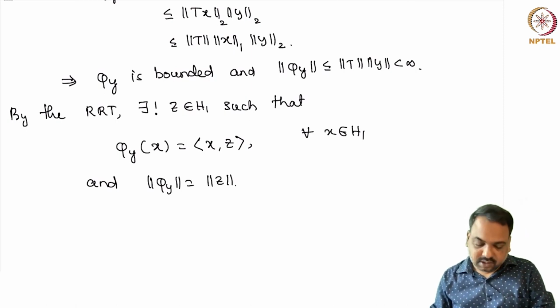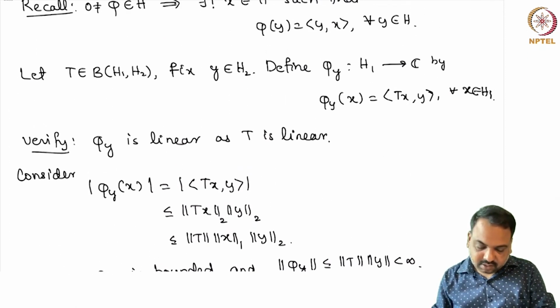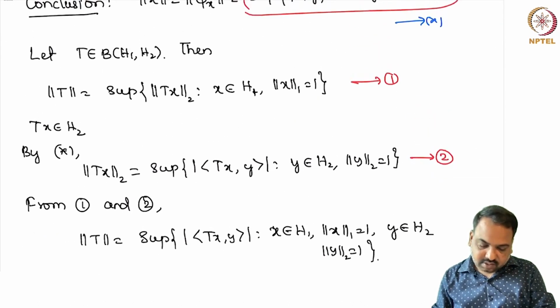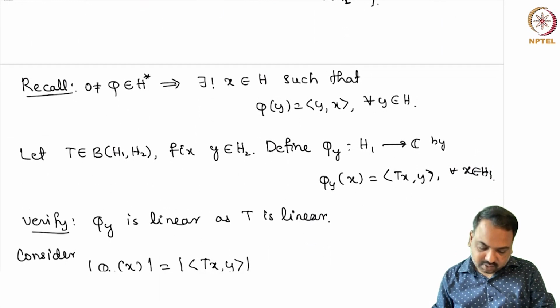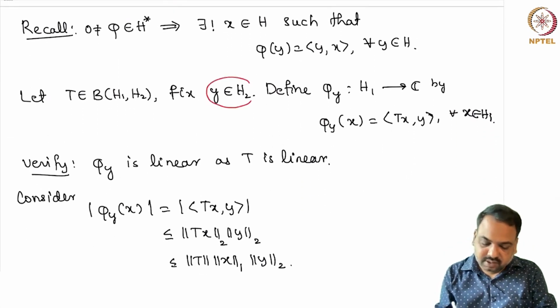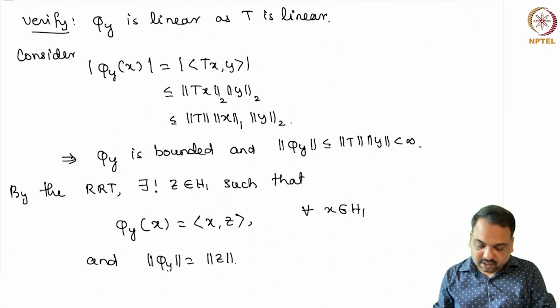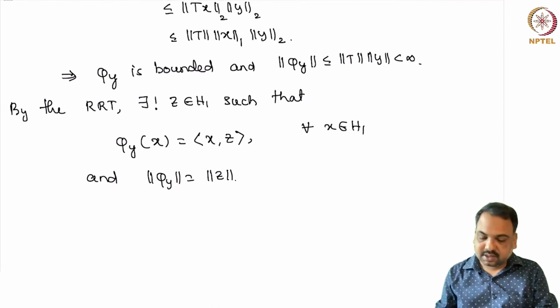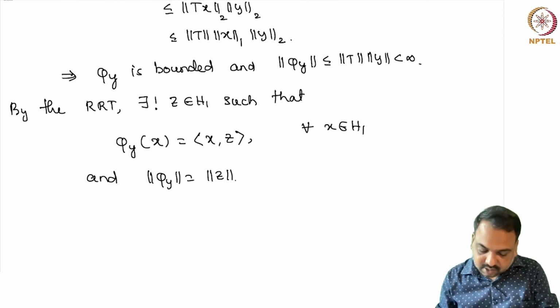Okay, so let us quickly summarize what we have done. We started with a fixed vector y in H2, and we got a unique vector z in H1 which satisfies this condition. Let us quickly rewrite the condition.